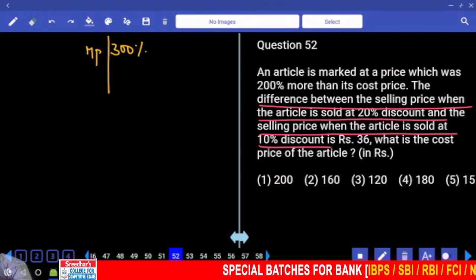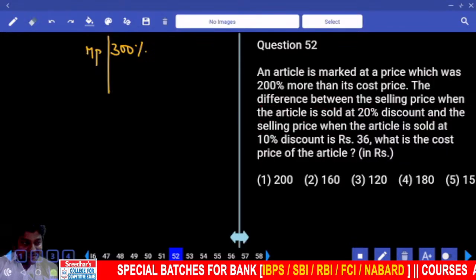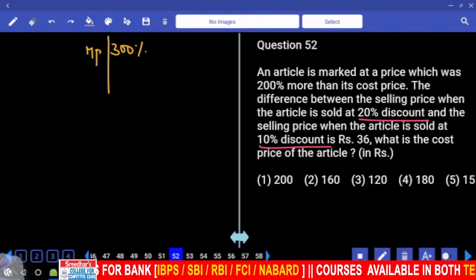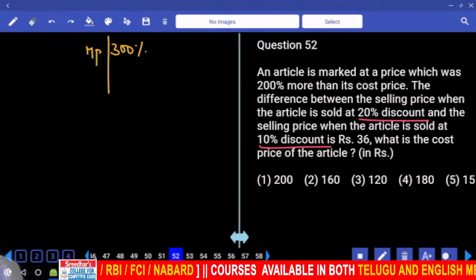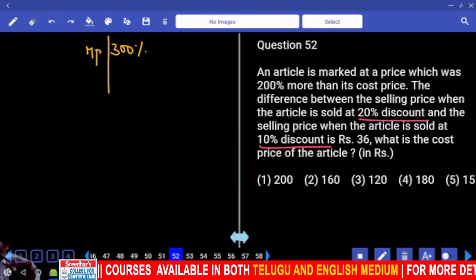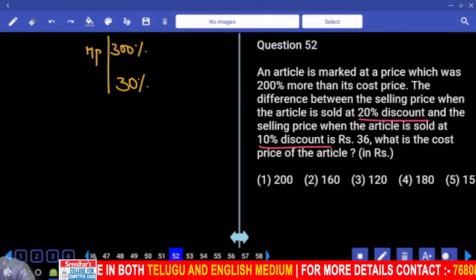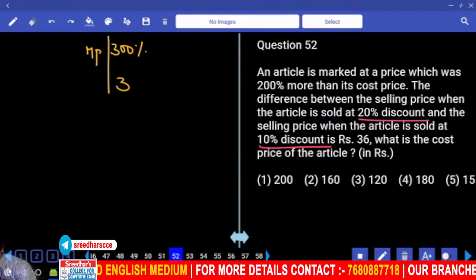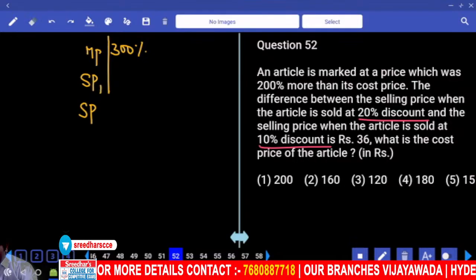Now the difference, instead of that directly you can say 20% discount, 10% discount, the difference is 10%, since discount is always given on the market price. So 30% is the difference. Understood? Otherwise you'll have to calculate like this: selling price in first case, selling price in second case.